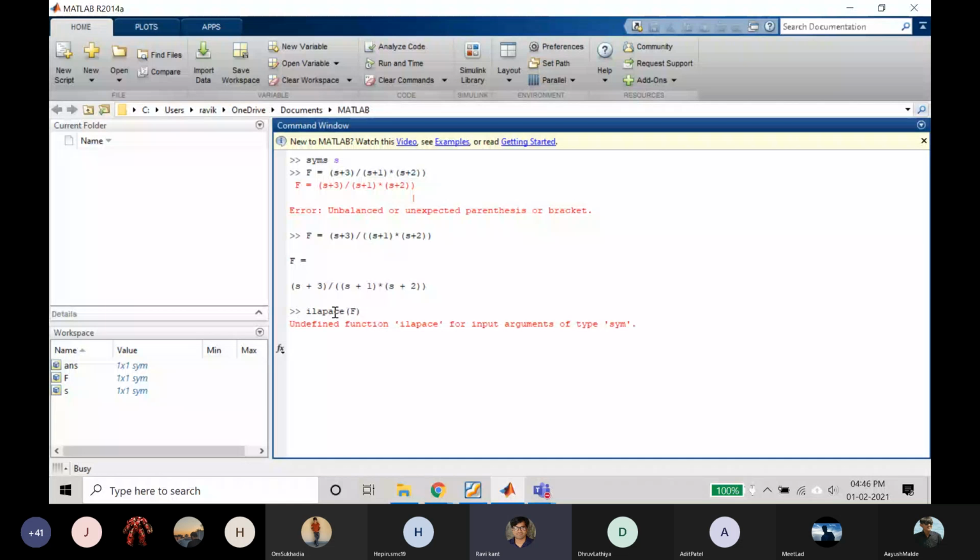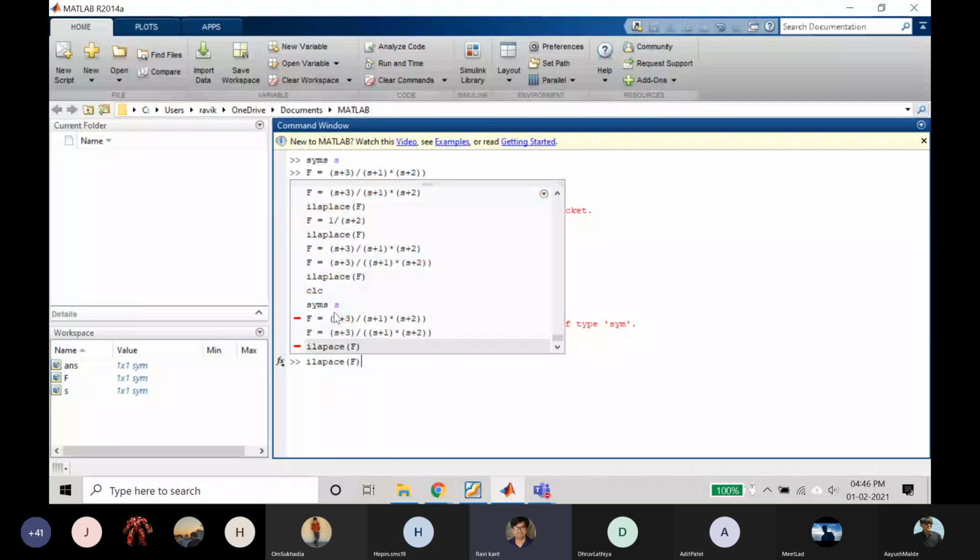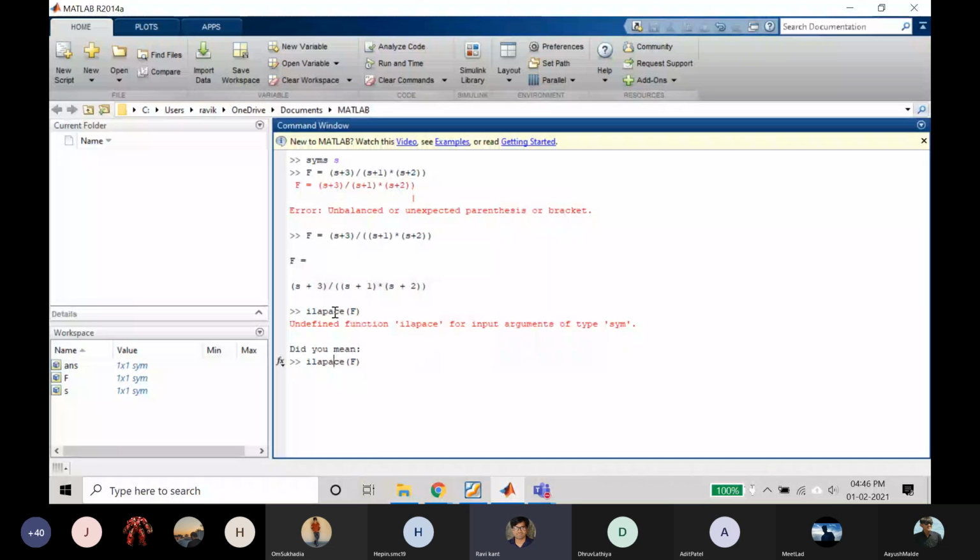Just hit enter. Okay, I made a spelling mistake. You have written Laplace. So see, when I do ilaplace, the answer is 2 e raised to the power minus t minus e raised to the power minus 2t, which is equal to what I have derived.